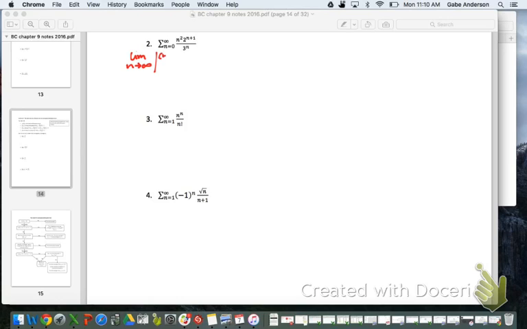That's going to be n plus 1 squared. And then 2, and so it's going to be n plus 1 plus 1, so it's really just going to be 2 to the n plus 2 over 3 to the n plus 1. And like before, I'm just going to multiply by the reciprocal of the nth term. So that's going to be 3 to the n over n squared 2 to the n plus 1.